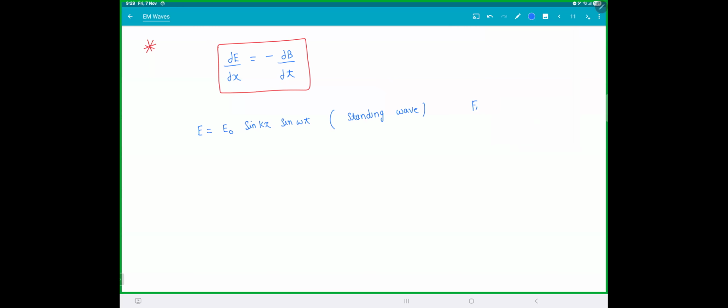The question is to find B. We are just talking about the magnitudes. The options were like this: B naught sin kx sin omega t, sin kx cos omega t, cos kx sin omega t, cos kx cos omega t. They made four options like that. This equation is given, you have to get B. How will you get it?